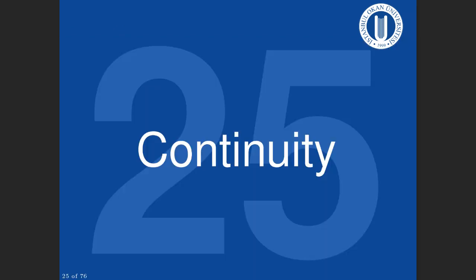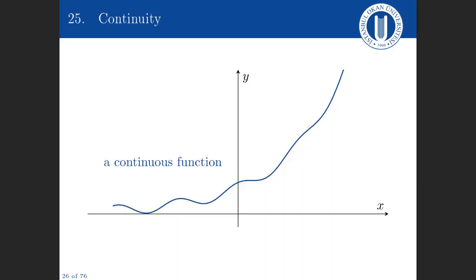Let's move on to thinking about continuity. Some functions, we can draw their graph without lifting our pen off the paper. If I wanted to draw this graph, I could put my pen down onto the paper and draw the graph all in one go without having to lift my pen up.